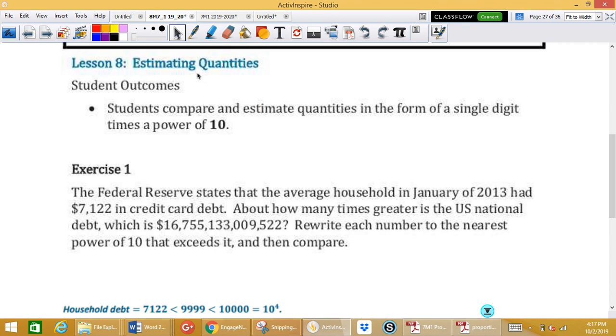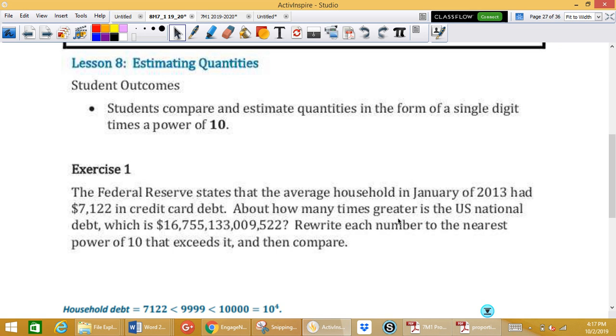Lesson 8, Estimating Quantities. Students compare and estimate quantities in the form of a single digit times a power of 10. The Federal Reserve states that the average household in January of 2013 had $7,122 in credit card debt.